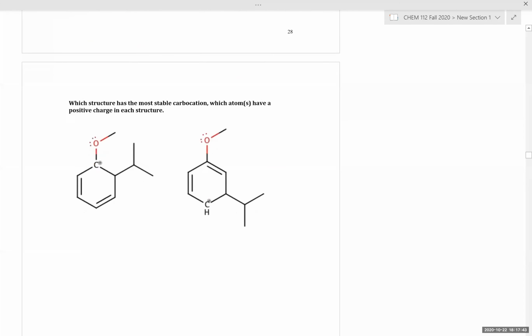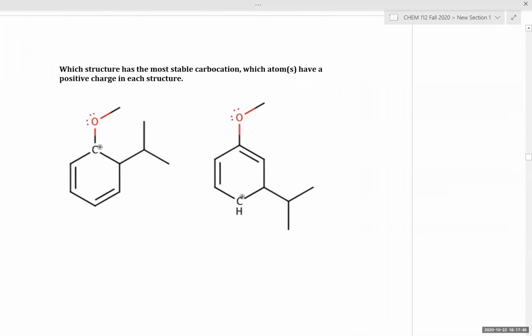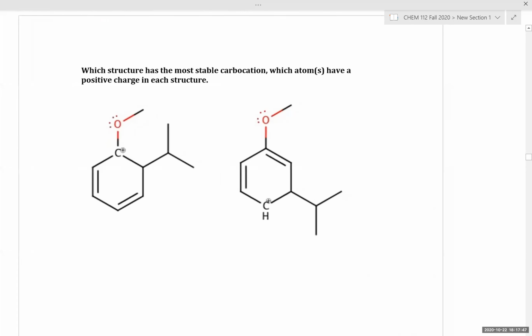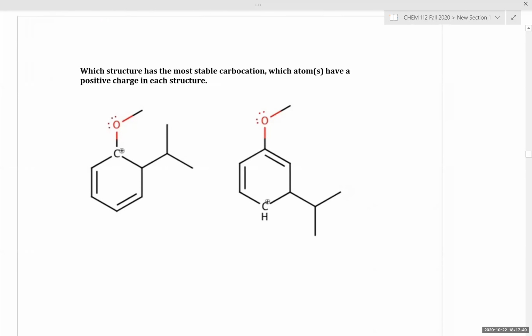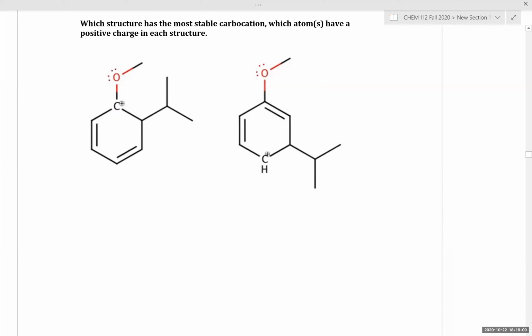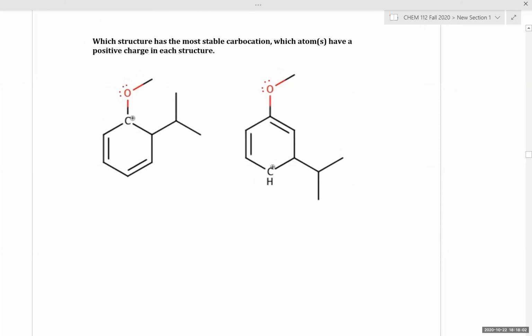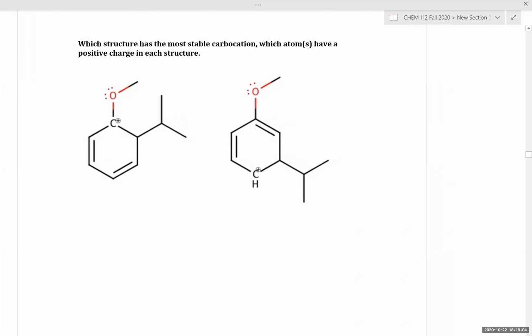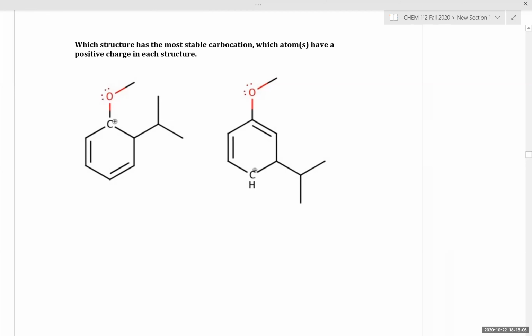So, as our last example before we close out today's session, now that we've seen an example where we've drawn out resonance structures and analyzed those resonance structures to predict the more stable carbocation, let's apply what we've learned to the following pair.